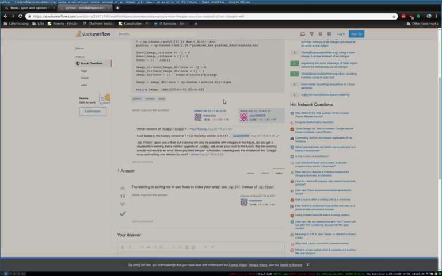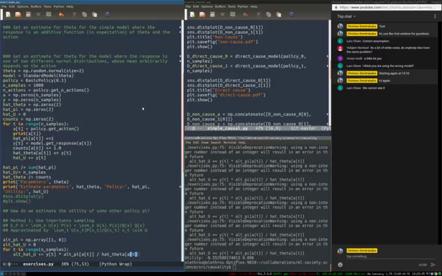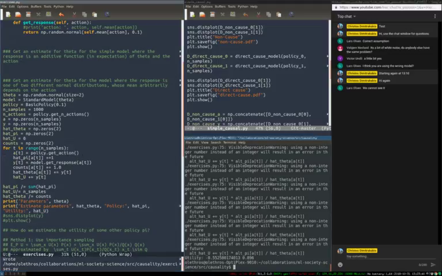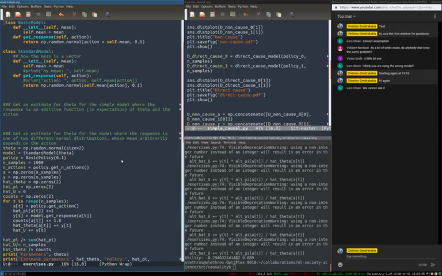Okay, I'm using floats to index my array. Why is it float? It's definitely a random choice, right? So it should be a number.